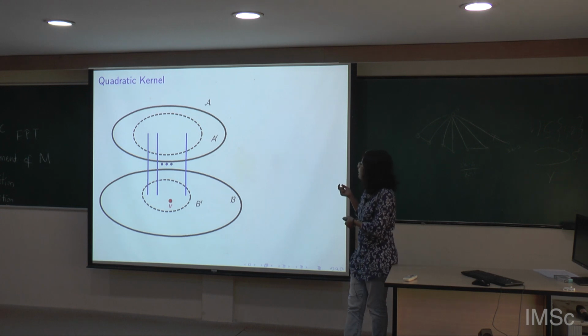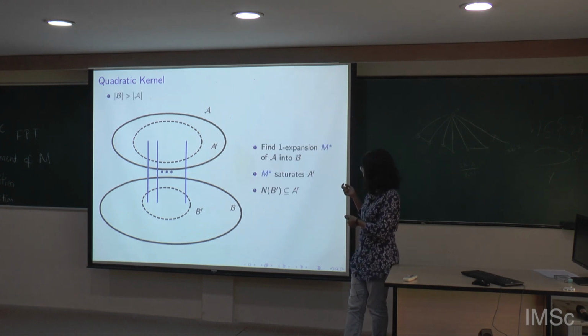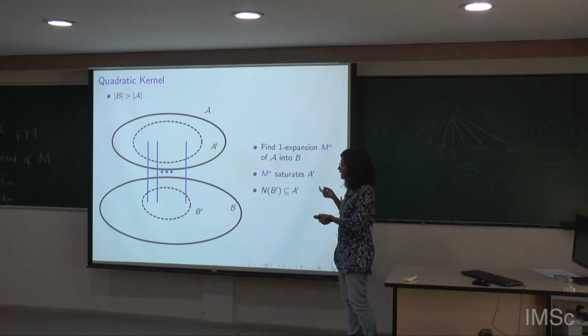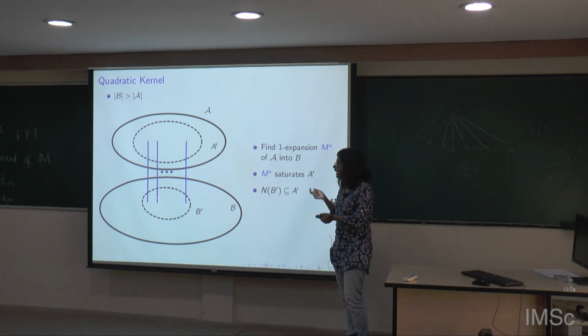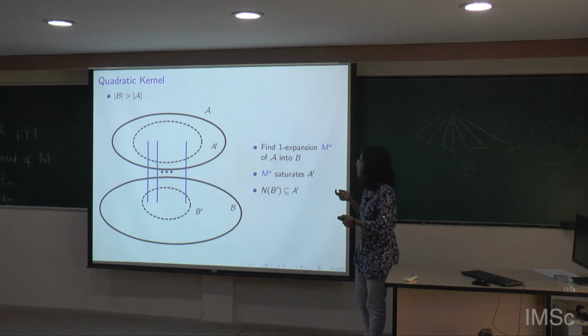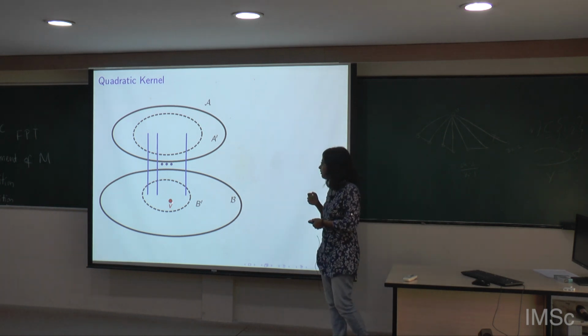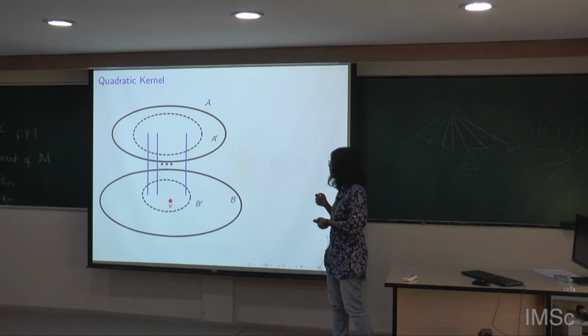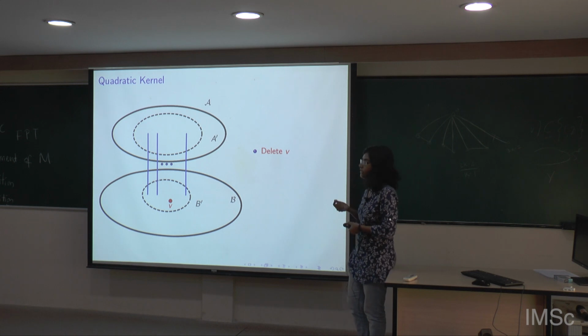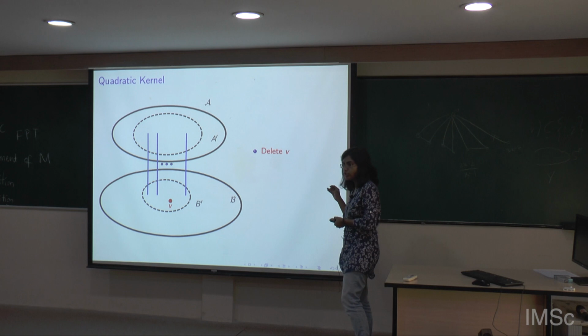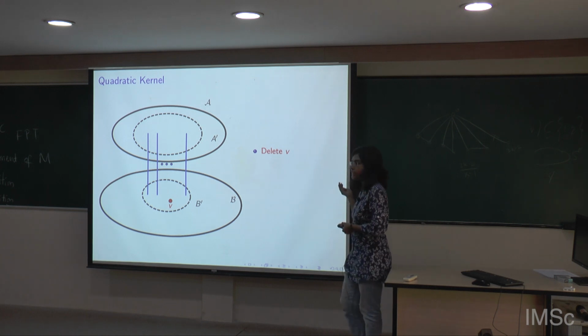Now what the expansion lemma said is that we can find such an expansion in polynomial time. So we can find the sets A prime and B prime in polynomial time. Now what is our reduction rule? The reduction rule is that if you have a vertex v here which is not an endpoint of these one-expansion matching edges, then we delete v. Before we look at why this reduction rule is safe, let's see what it gives us.